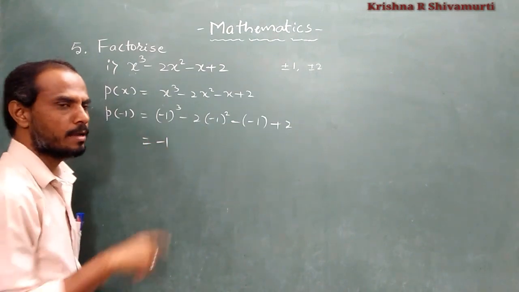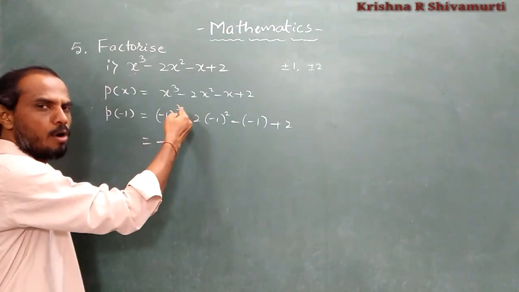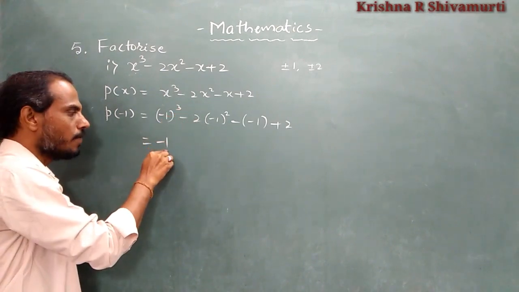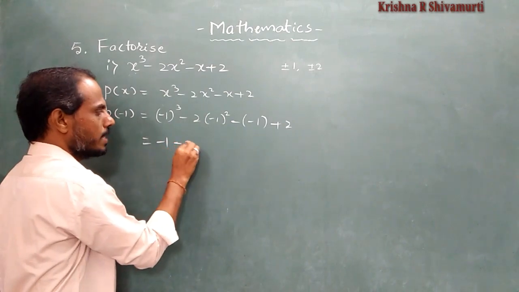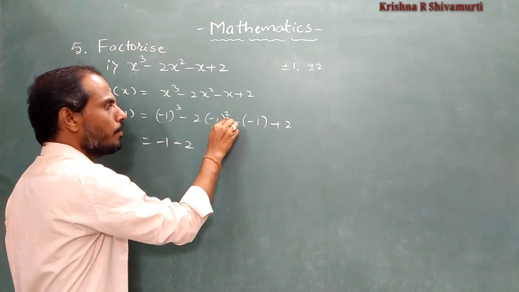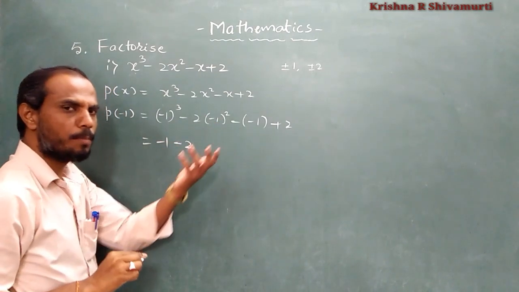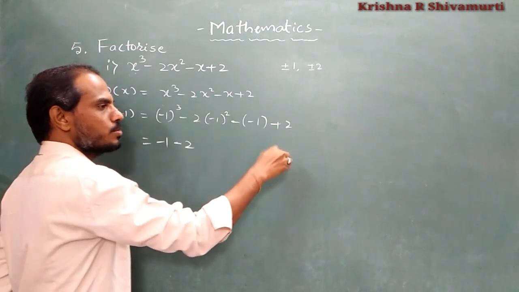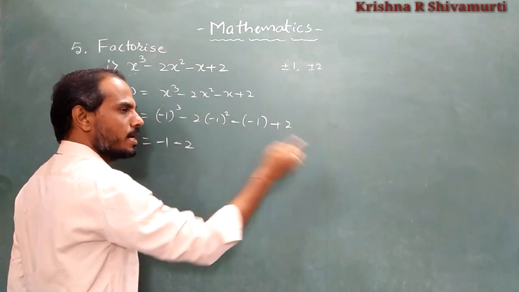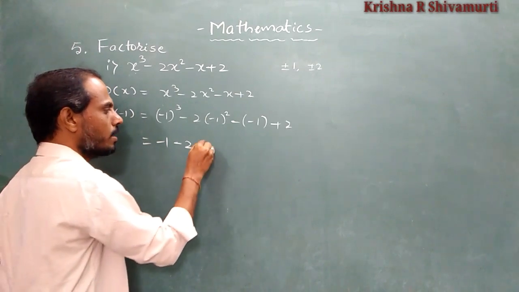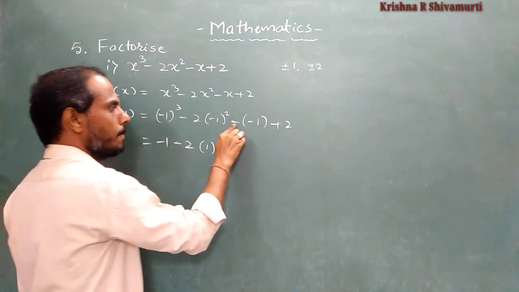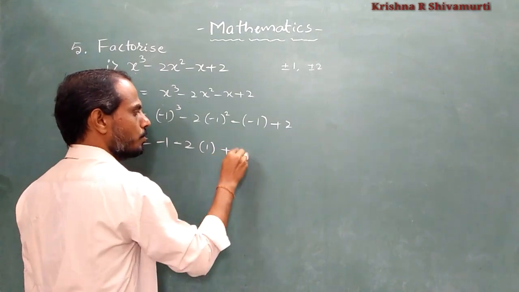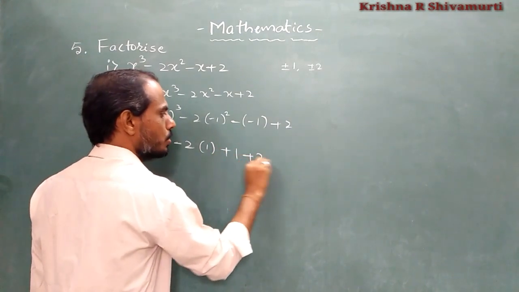We know this one. Okay, the power of odd gives minus only. Next, minus 2 as it is, minus 1 to the power of 2. Minus 1 to the power of 2 is nothing but minus 1 into minus 1. Minus into minus is plus, 1 into 1 is 1. Minus 1 square is 1. Minus into minus plus 1 plus 2.